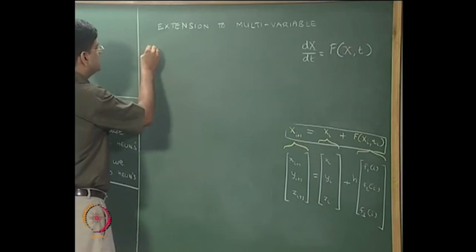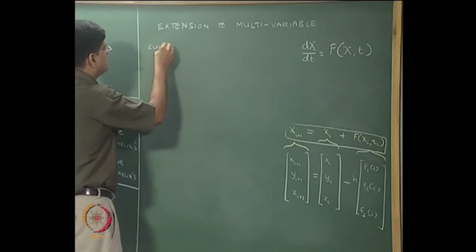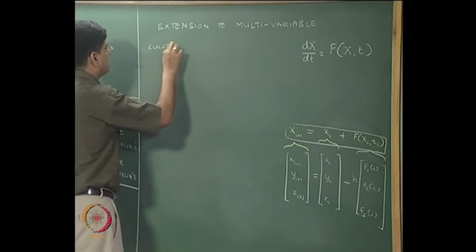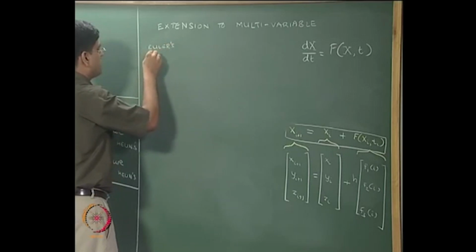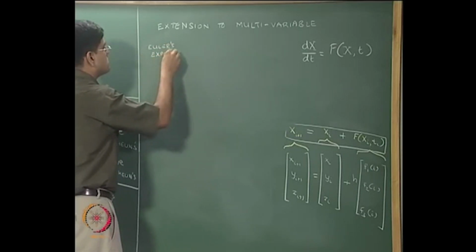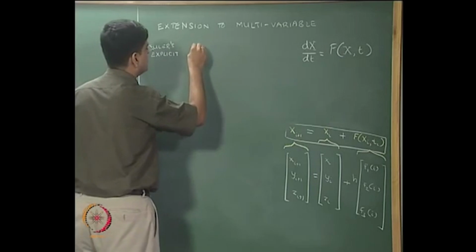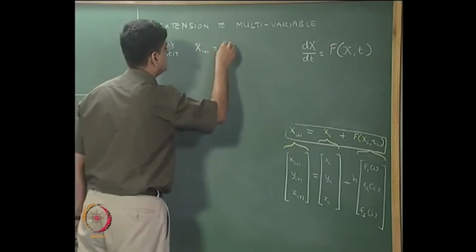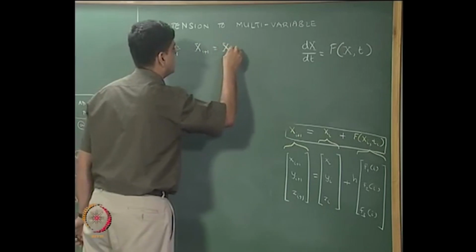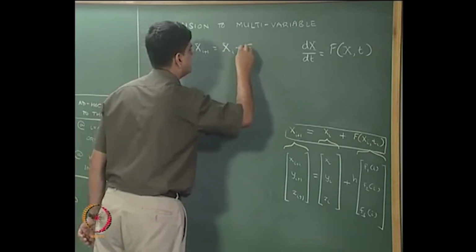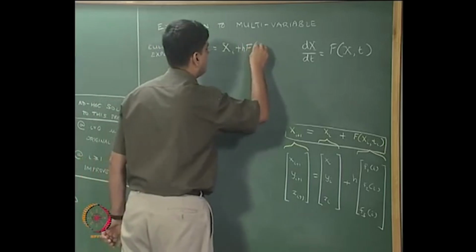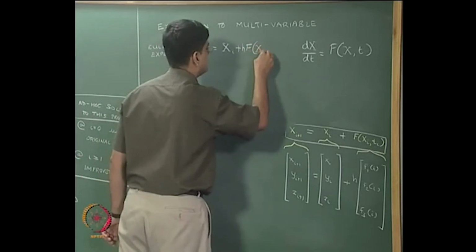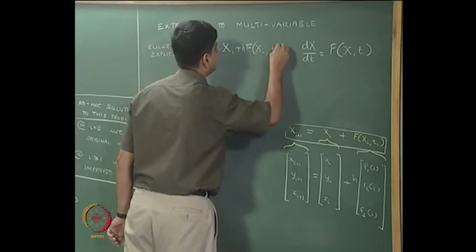The Euler's explicit expression is going to be X i plus 1 equal to X i plus h times F of X i comma t i.